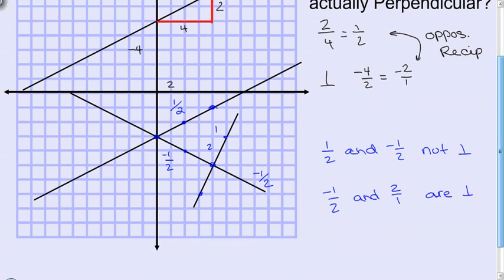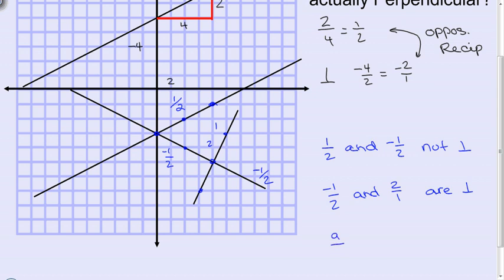And you'll notice if two numbers are opposite reciprocals, here's one fraction, the other fraction is simply its reciprocal and change sign. When I multiply them, what I get in the top and the bottom of that product is going to be just simply opposites of each other. That product will always give me -1. So we say a test of perpendicularity is to take the slopes and multiply them. If you get a product of -1, then the slopes must be perpendicular.